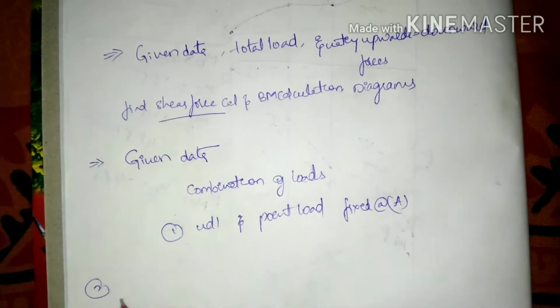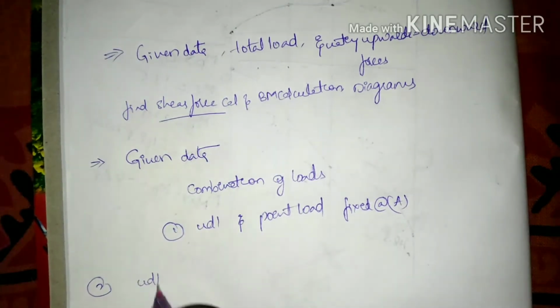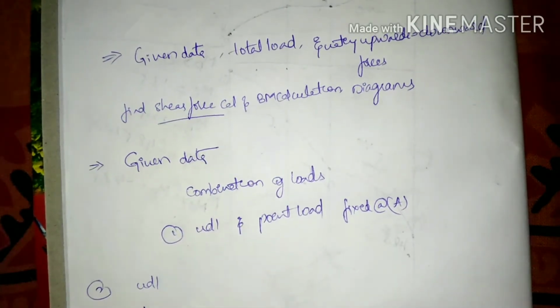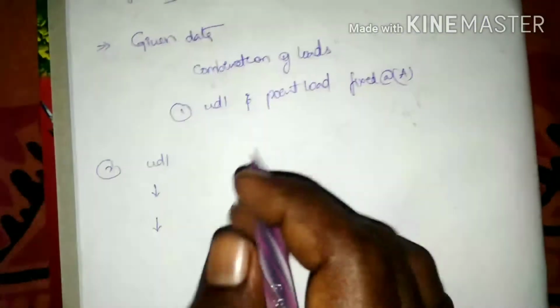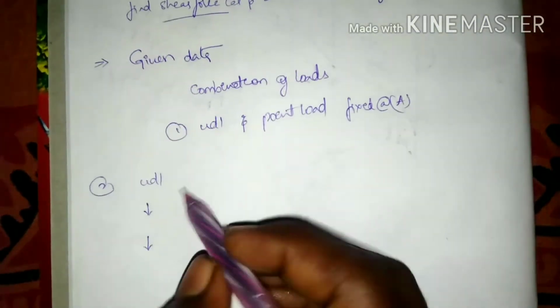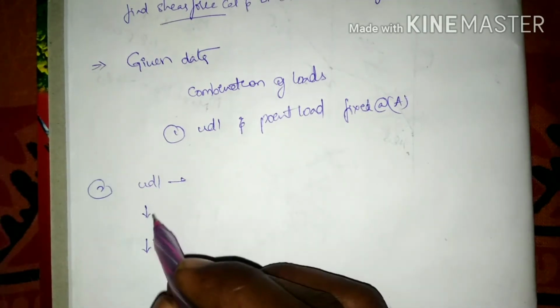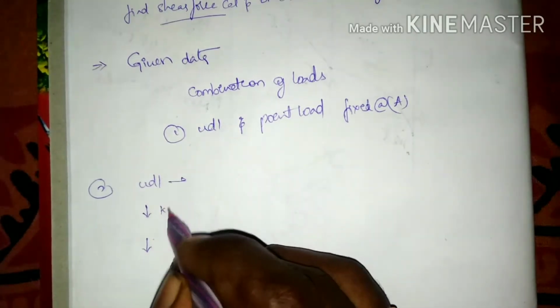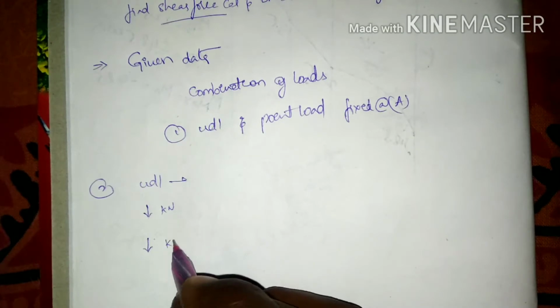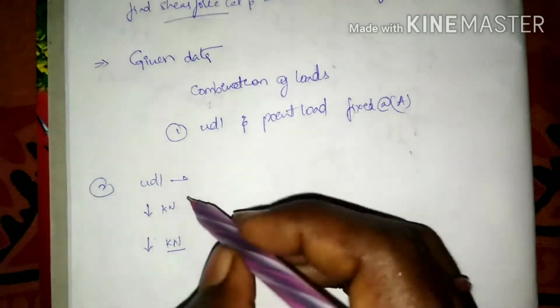Here we are having a UDL and a point load and another point load. We have to convert the UDL into the point load because we are having a point load in kilonewton and another one in kilonewton.